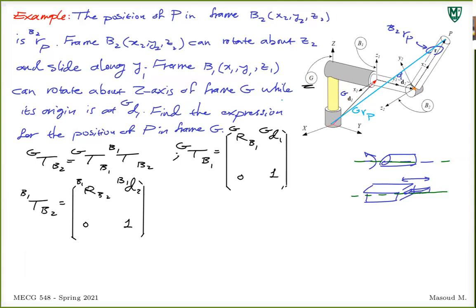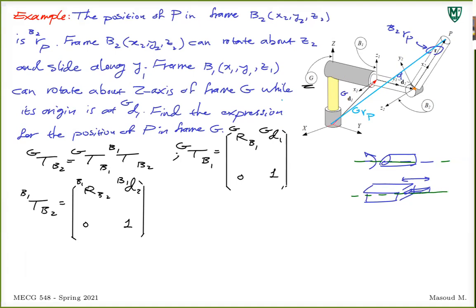Well, that's compound transformation. TB2 from B2 to G is TB1 to G multiplied by TB2 to B1 transformation. Now TB1G is RB1G, like rotation of frame B1 in G, and then D1G.